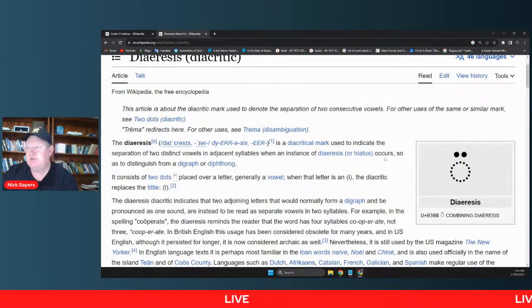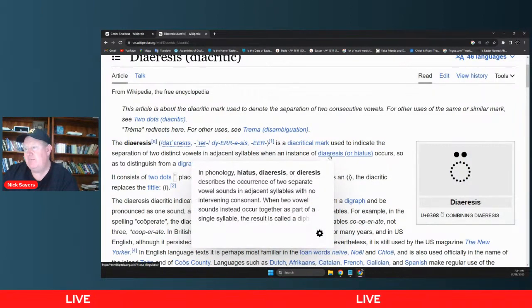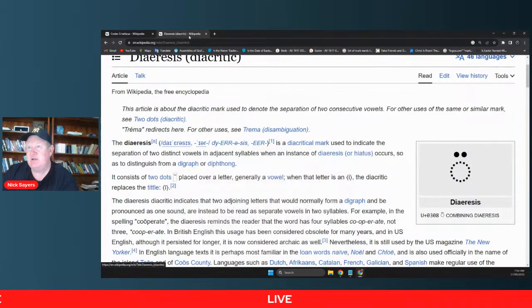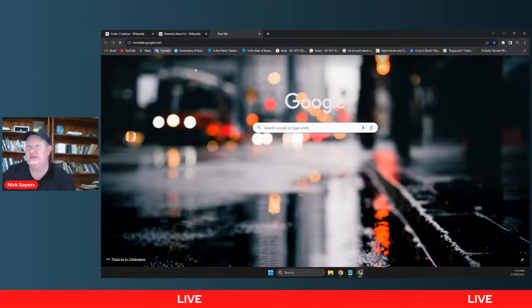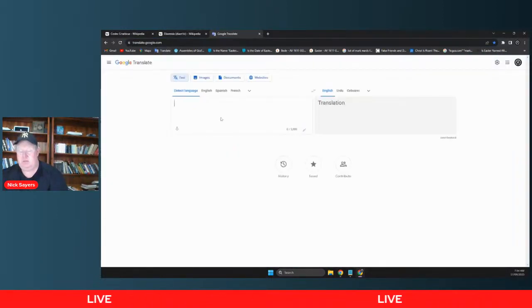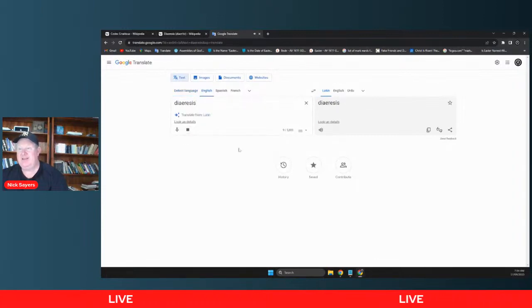So basically the two dots indicate the separation of two distinct vowels in adjacent syllables, an instance of diaeresis. So I might work out how to say that properly. Diaeresis. Okay, maybe in English.